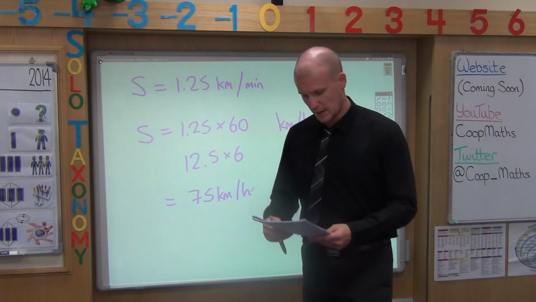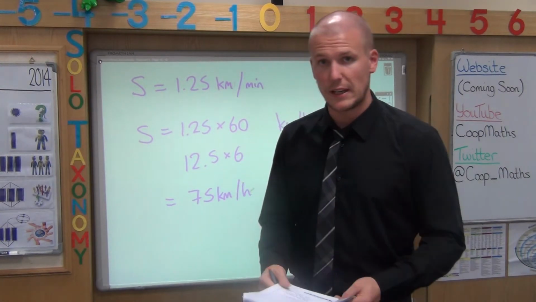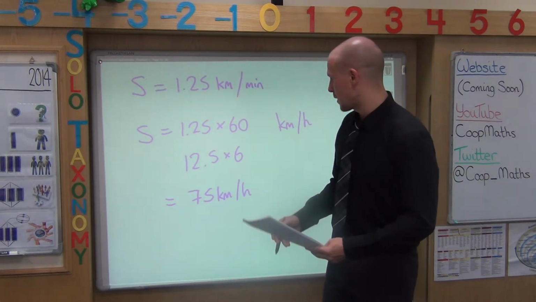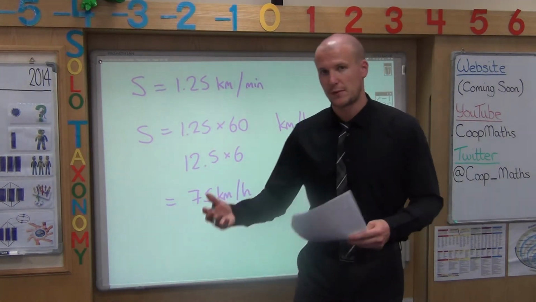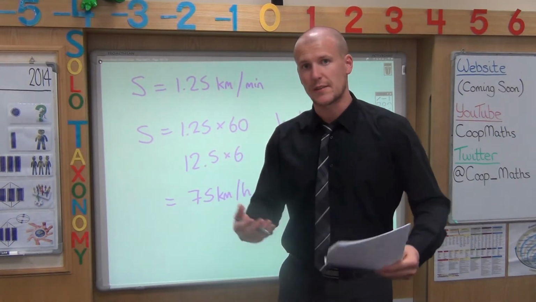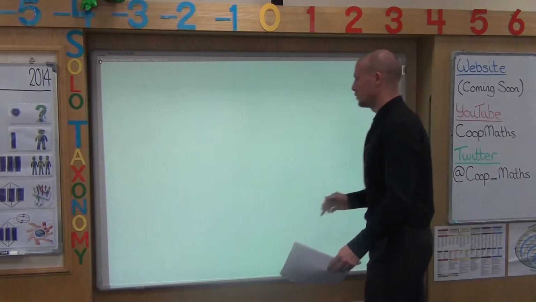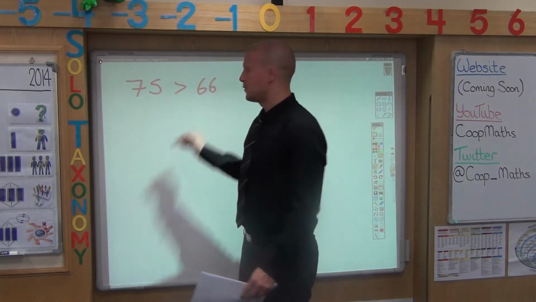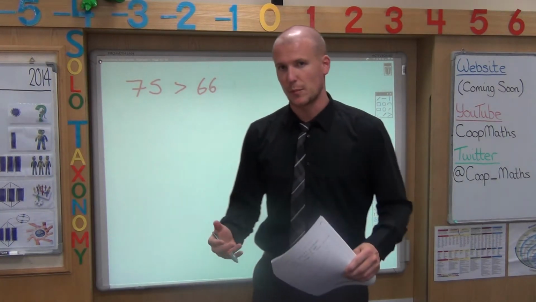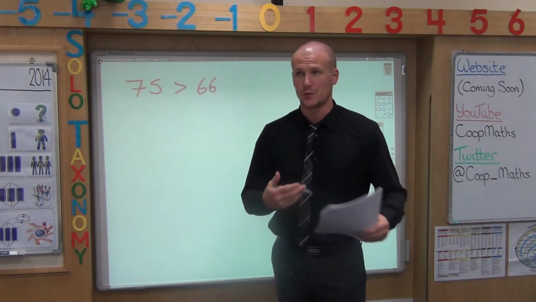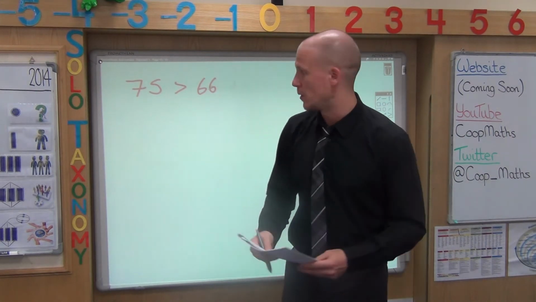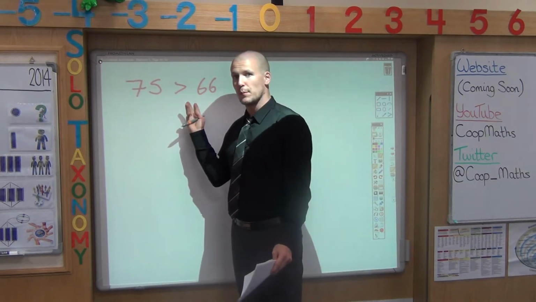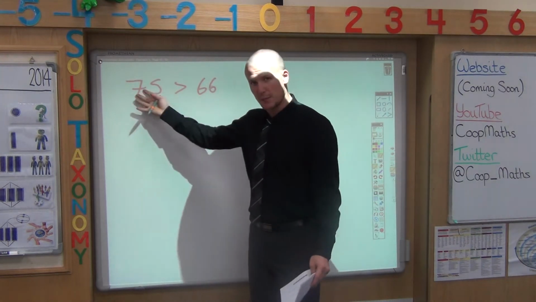kilometers per hour. Okay, so Debbie's got 75 kilometers per hour, Ian's got 66 kilometers per hour. We know Debbie's faster. We have to clarify that though to get the full marks, okay? How would you do that? Well, 75 is bigger than 66. You would say that using mathematical notation: 75 is bigger than 66. Usually when you make this comparison to answer a question like who's faster or slower, or who's older and younger, or did they make it in time, or whatever the question's about, when you get your answer and compare it with a number, one is going to be bigger than the other, so you make this statement.